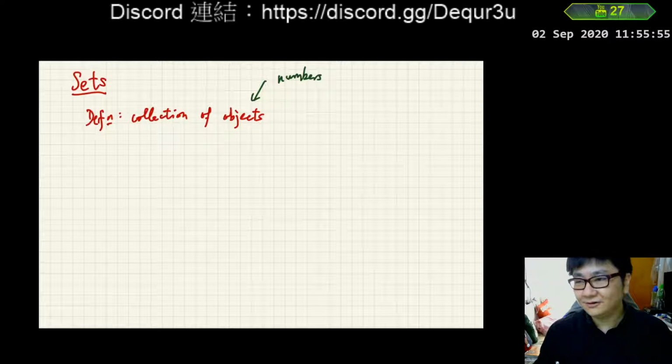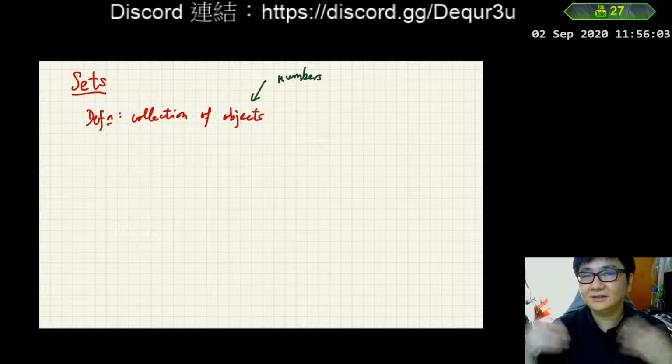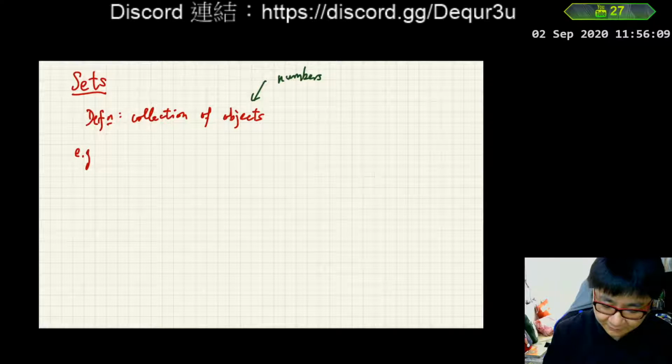Or using an analogy, a set can be considered as a box to put things in. Then it is a set. For example, a set can be if we have some numbers like 1, 2, 3.